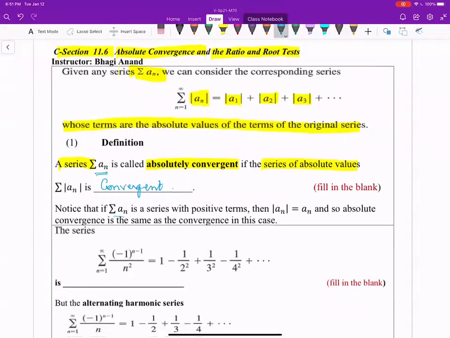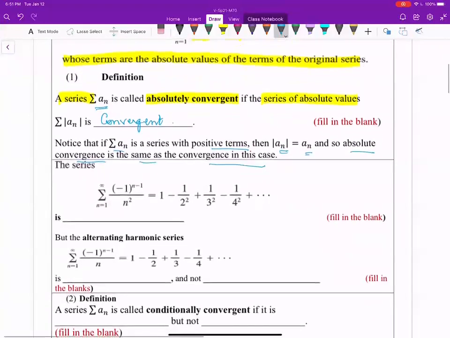Notice that if sigma a_n is a series with all positive terms, there is no difference between sigma a_n and sigma absolute a_n, because absolute a_n would be the same as a_n. So absolute convergence is the same as convergence in that case. There is no need to say absolute convergence.